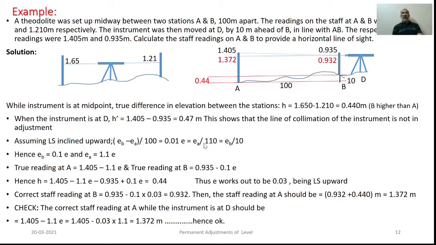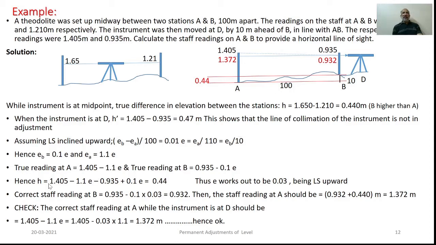Hence, as we go for similar triangles, (EB minus EA) by 100 should be equal to 0.01 E, which should in turn be equal to EA by 110 and EB by 10, as we discussed on the previous slide.